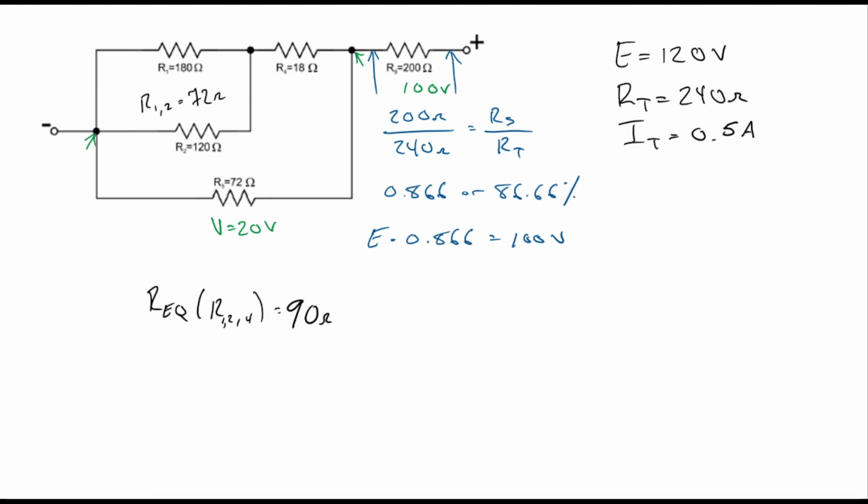And when I look at this, I can say, all right, so if 18 ohms divided by 90 ohms is going to give me the percentage of voltage of the 20 volts that I have remaining. So 18 divided by 90 gives me 20%, 0.2 or 20%.